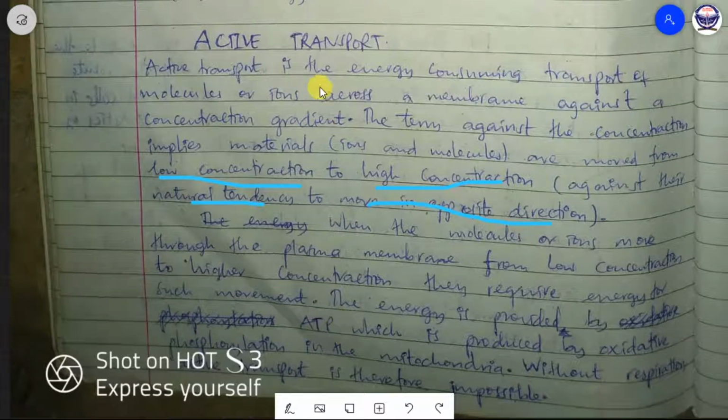Now, active transport is different from passive. The major difference between passive transport and active transport is that active transport uses energy in the form of ATP.